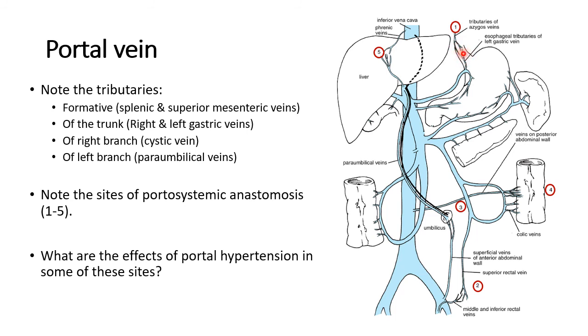Part of the esophagus is drained by veins that will join the azygous system, but the left gastric will drain into the portal vein. So the lower end of the esophagus is a site of portosystemic anastomosis.